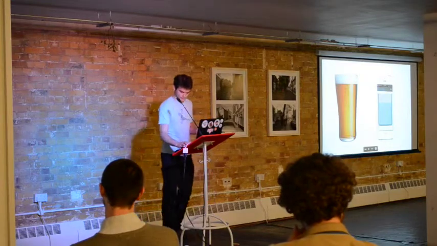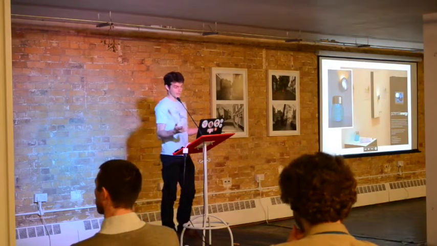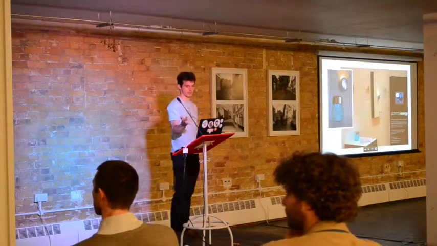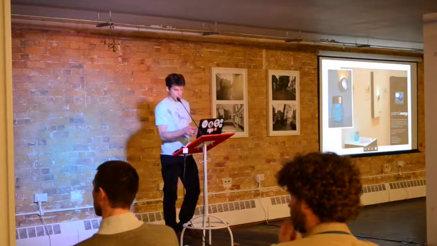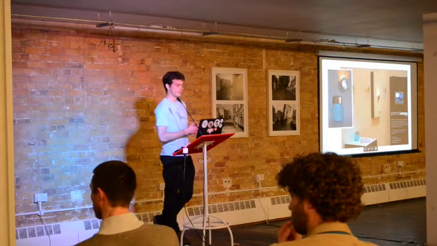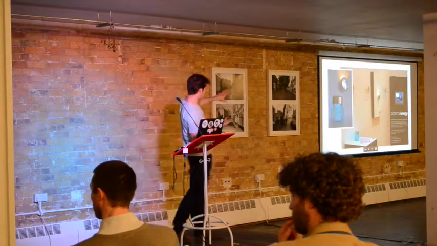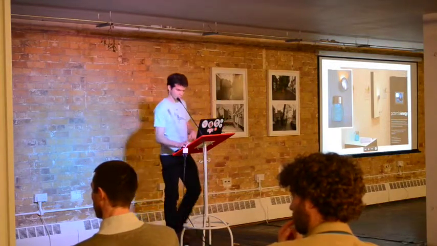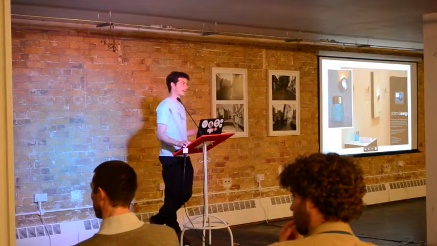So that's maybe just a little add-on. This came out of the project at the RCA, and we did a physical version of it back then. That's the physical jar that you could stick up on a shelf and glance at.